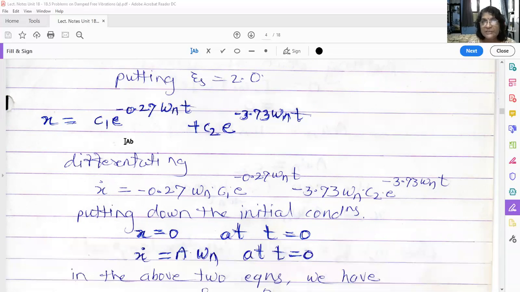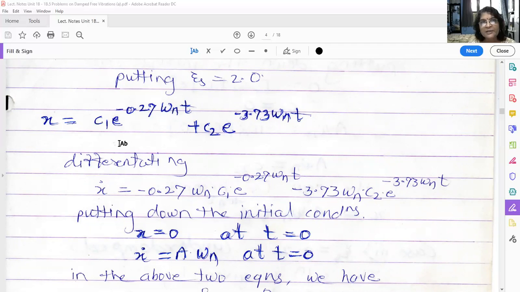Now see, we have to put the second initial condition also, that is of velocity. So directly we are differentiating this x. So x dot is equal to differentiating this equation. How do you differentiate? E raised to 5x differentiates to 5 e raised to 5x.